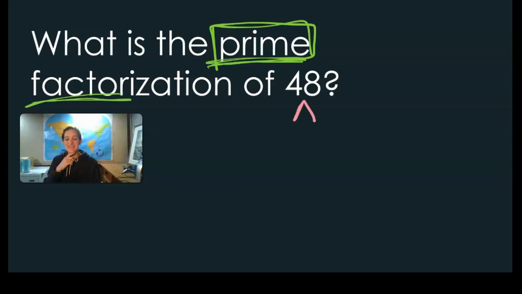Now you can use any factors you want, and then you'll just factor it down until all you're left with are prime numbers. So with 48, the two numbers I'm thinking of are 4 times 12. And then with 4, I know that I can go 2 times 2.